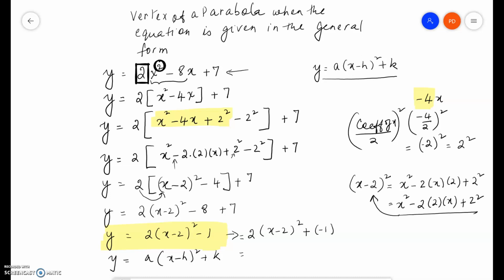And now we compare it with a times (x minus h) the whole squared plus k. Clearly a is 2, h is 2 because everything else matches, k is negative 1. So (h, k), the vertex of the parabola, is (2, negative 1).